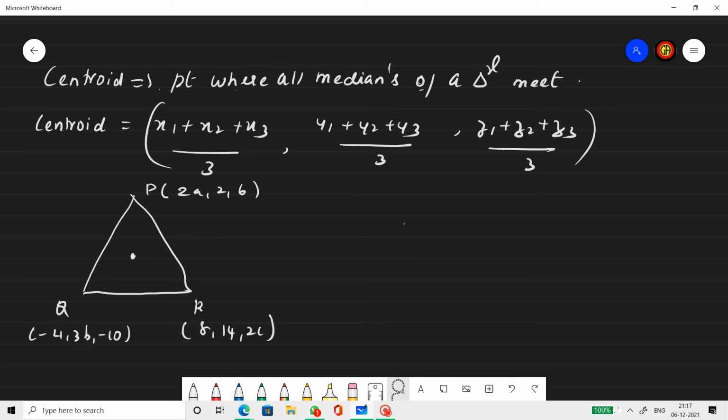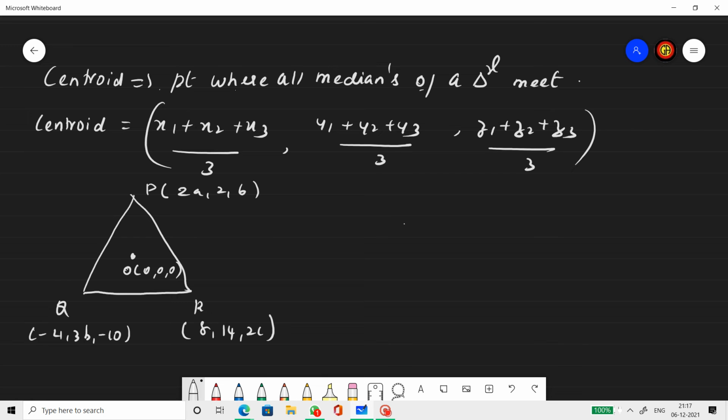Now using that only, this formula is developed. Now PQR are the vertices of the triangle and according to the question assume that the centroid is the origin, which is (0, 0, 0). Now we are asked to find the missing values in the vertices.